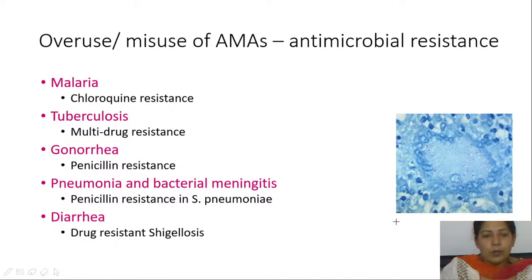Gonorrhea used to be penicillin sensitive, but gradually it has also become resistant to penicillin. It is now called PPNG, penicillinase producing Neisseria gonorrhoeae. Then pneumonia and bacterial meningitis are also penicillin resistant, and there are drug resistant diarrheas also.